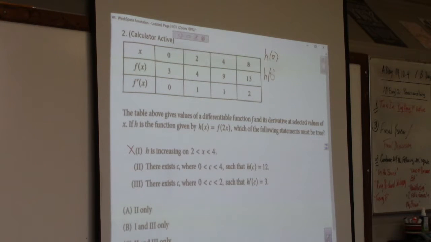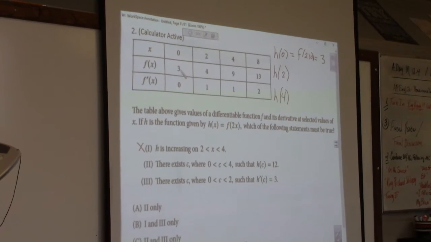Actually, let's go ahead and find all of them. Let's find h of 2 and h of 4 also. So h of 0 is f of 2 times 0. And what is 2 times 0? 0. What's f of 0? 3, right?